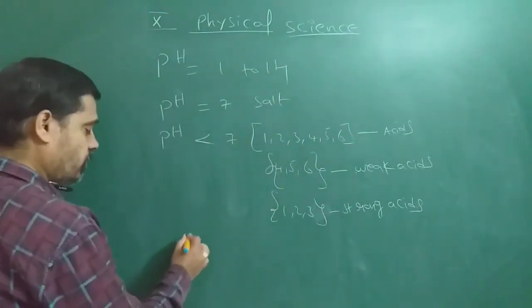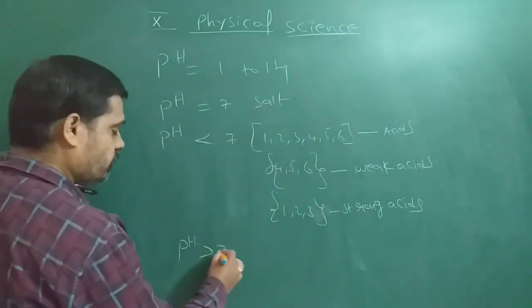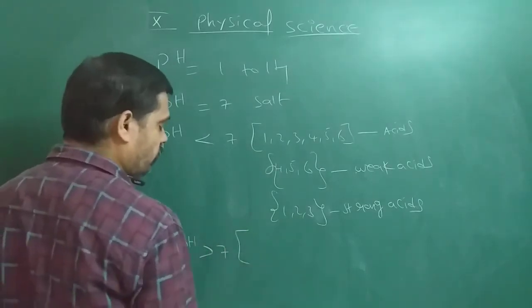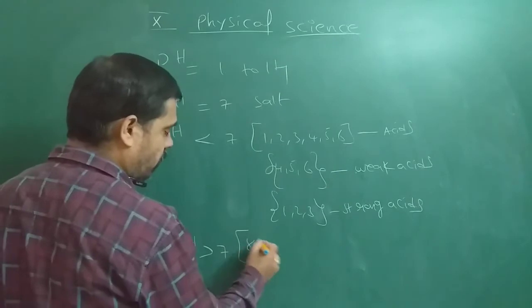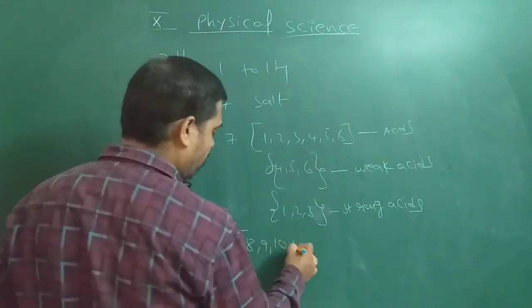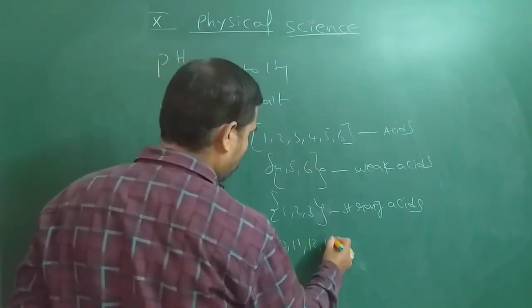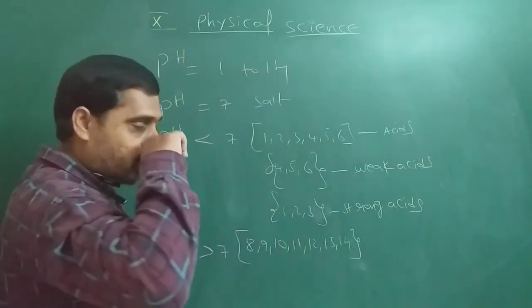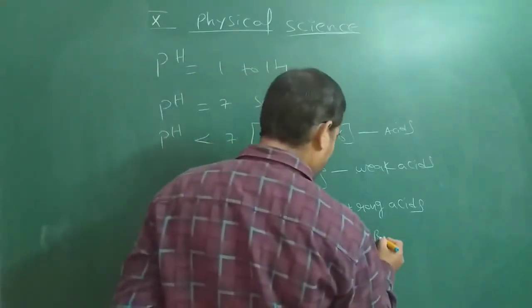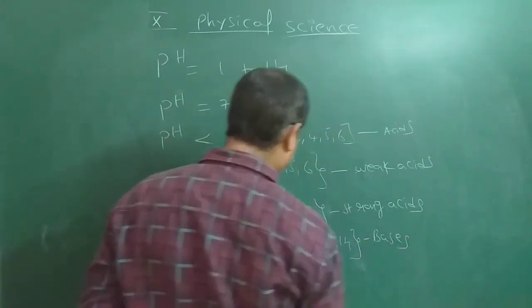If the pH is greater than 7, that is 8, 9, 10, 11, 12, 13, 14, we will call them bases.